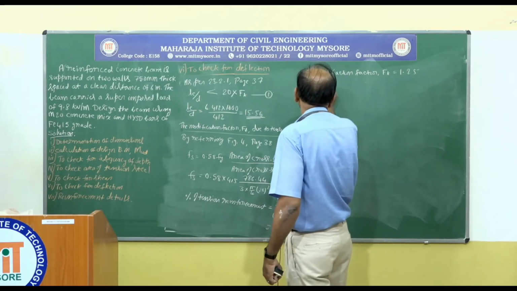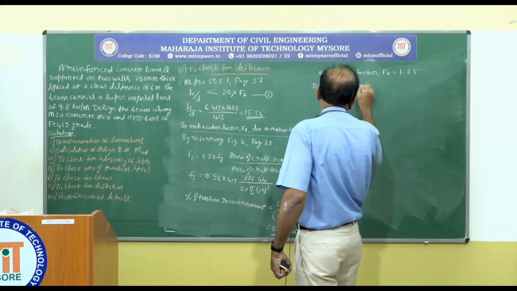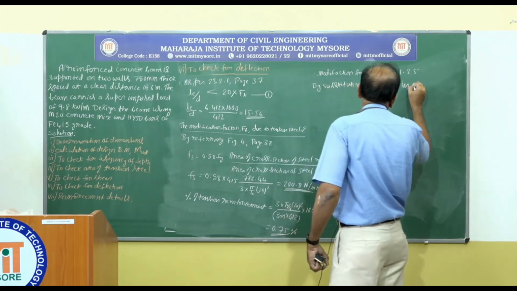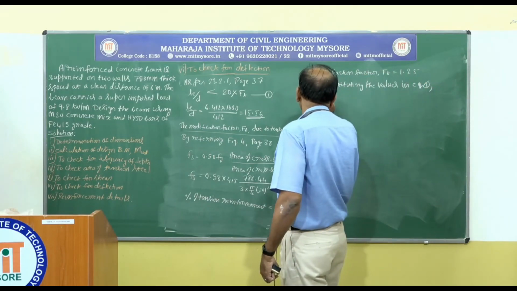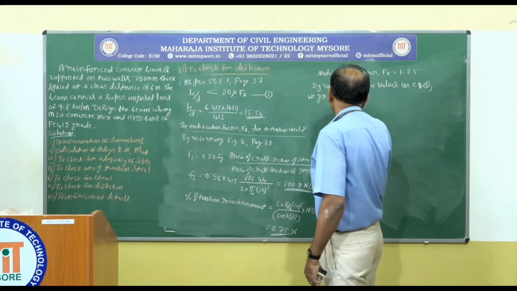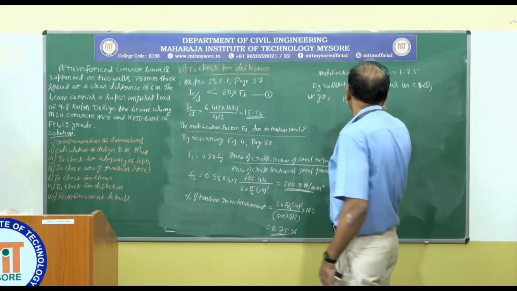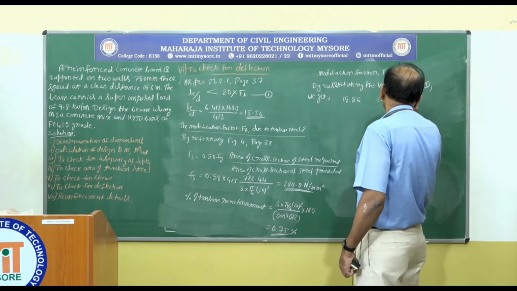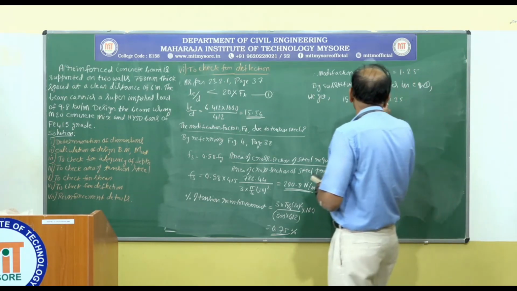I am going to substitute this value here. By substituting the values in equation 1, we get, what is L by d? L by d is 15.56. What is 20 multiplied by Ft? Ft is 1.25, that is equal to 25. This should be less than this.